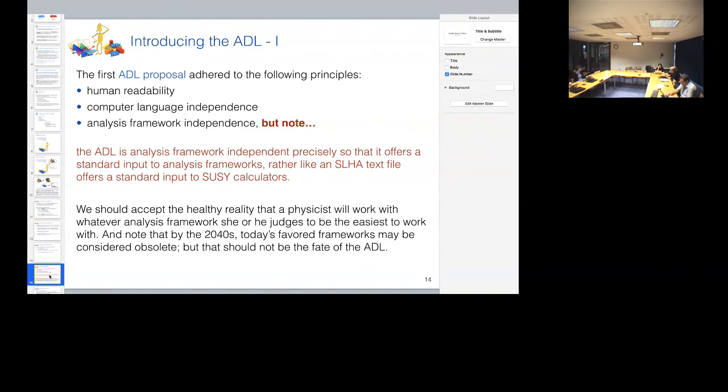They say, oh my goodness, independent of analysis framework, but I have a framework, so how can that be? But the point is this, that the ADL is independent of analysis framework precisely so that it can be an input to such frameworks, rather as is the case for the SLHA files, which are standard inputs to SUSY calculators.